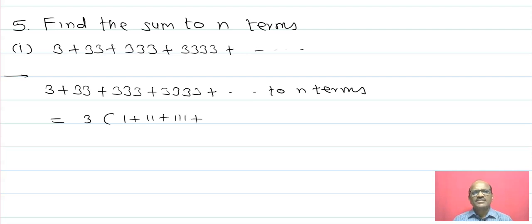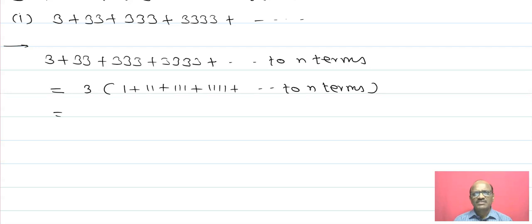Now if we take 3 as common, then we will get 3 in bracket 1, 11, 111, 1111 up to the n terms.